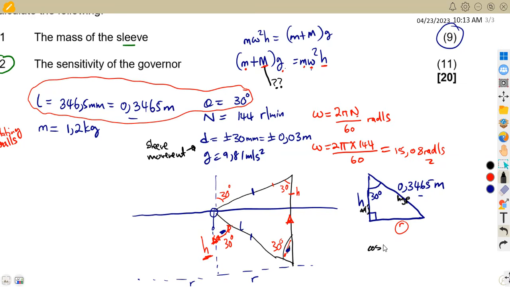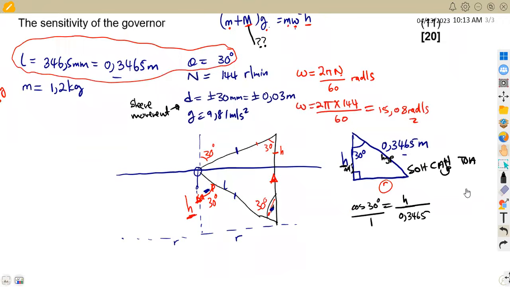So the cosine of 30 degrees, from SOH CAH TOA, we have cos equals adjacent over hypotenuse. So the adjacent, that's our h, over the hypotenuse, which is the length of the arm, 0.3465 in meters.